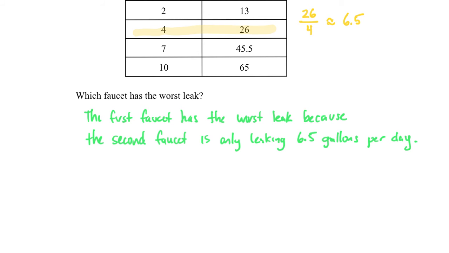Now, by the way, if you had chose a different point, all of these divide out to the same number, and that's because it's a constant rate. So if you had chose this, 13 divided by 2 is 6.5, 65 divided by 10 is 6.5, etc.